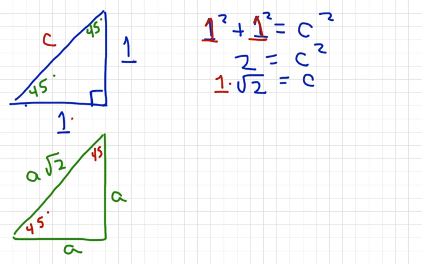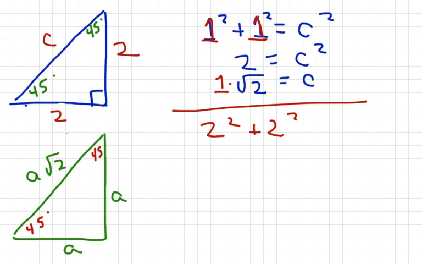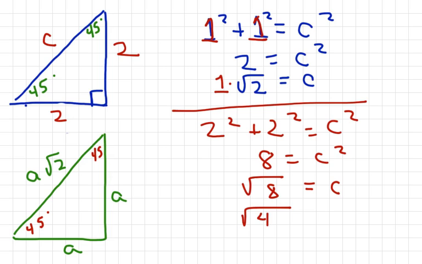Okay? And let's do one more and change this to, say, 2. We put 2, 2. Use the Pythagorean theorem. 2 squared plus 2 squared equals c squared. 4 plus 4 is 8. So c equals root 8, or root 4 times 2, which is 2 root 2, equals c.